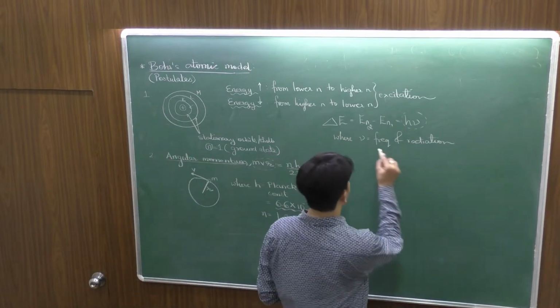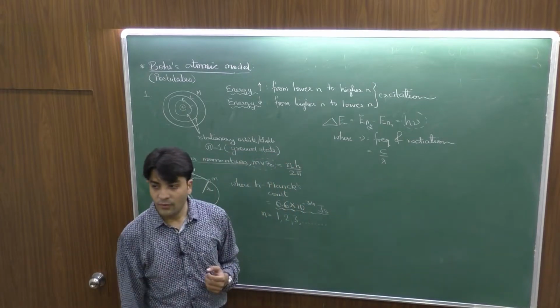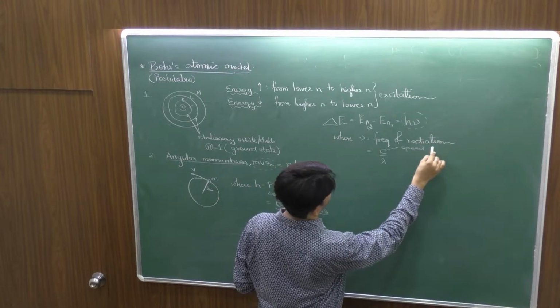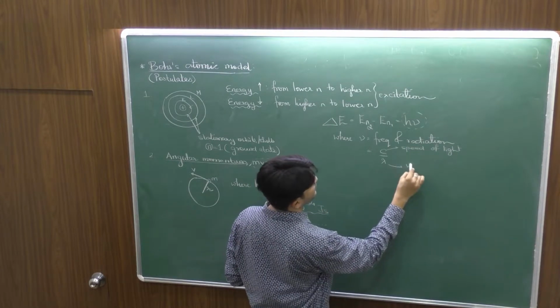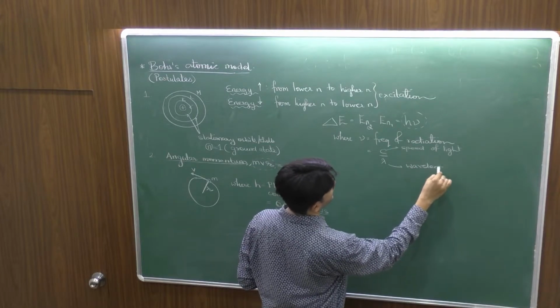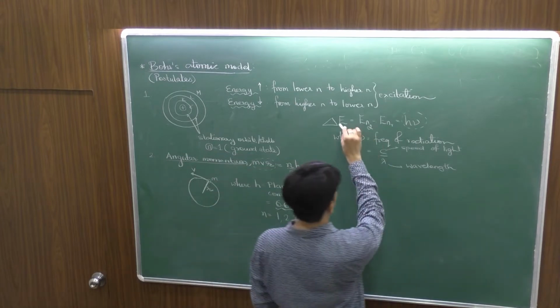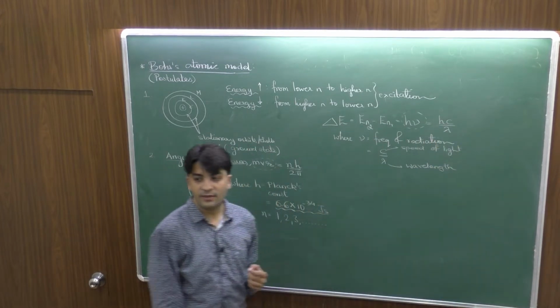Correct. So this nu is actually the ratio of c by lambda, where c is the speed of light, which is 3 into 10 to the power 8 meters per second, and lambda is the wavelength. Lambda is what? Wavelength. Correct? So this difference in the energy would be further given as h c by lambda.